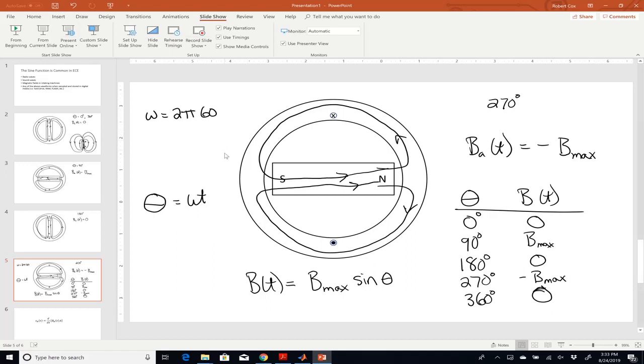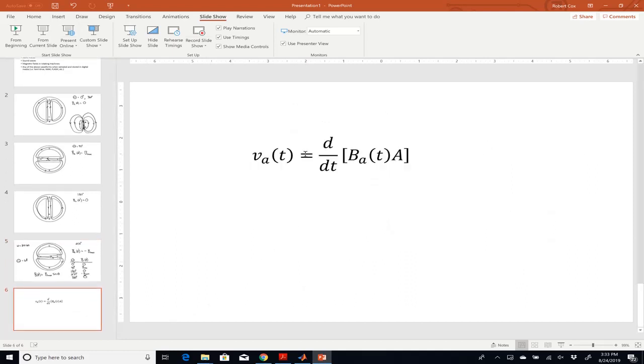Now that I know that, if you go back to your physics, what you find from what we call Faraday's law is that there will be a voltage induced in that coil on the stator, and that voltage is proportional to the rate of change of the flux passing through it.